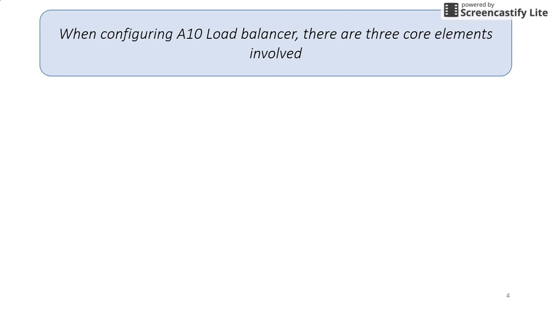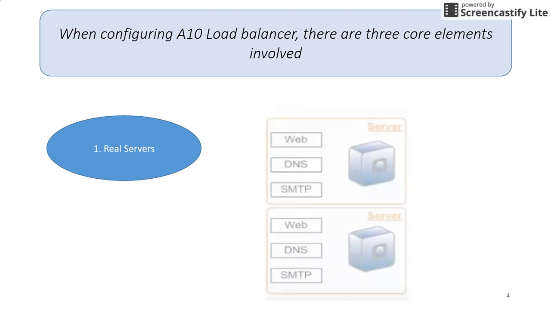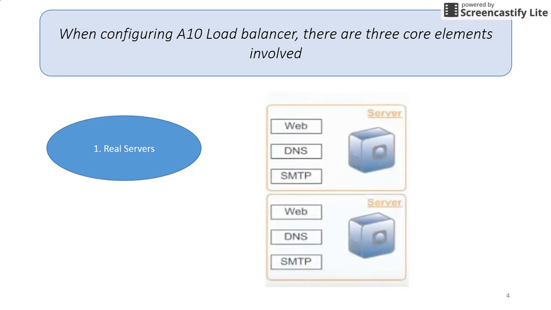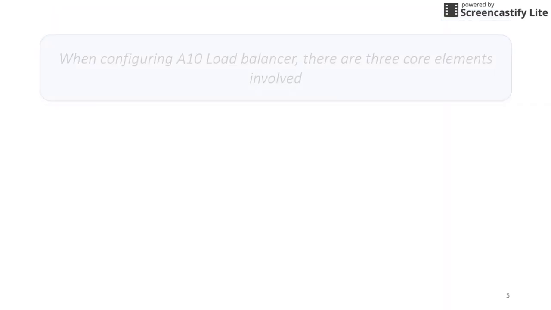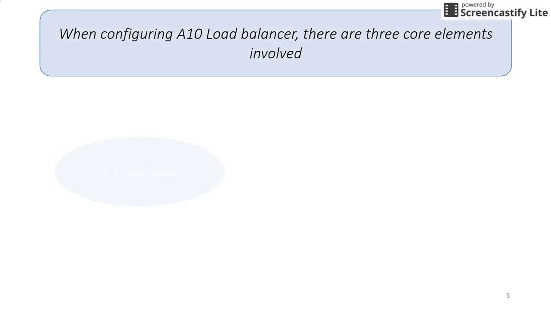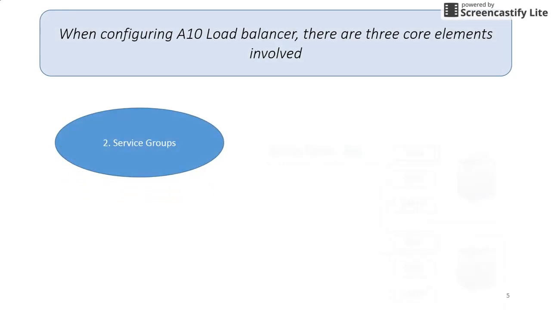When configuring the A10 load balancer, there are three core elements involved. The first are the real servers hosting your applications. These are the servers that the A10 appliance will be load balancing. The second element is the service group.